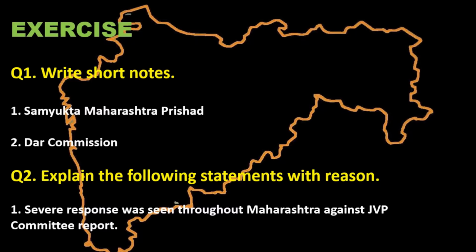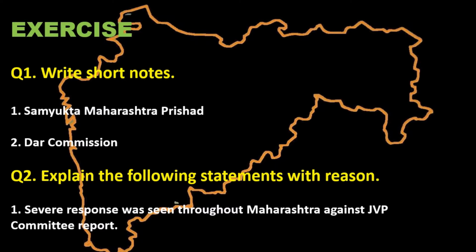Now the second short note is the Dar Commission. So here the answer includes these points. First, the President of the Constituent Assembly, Dr. Rajendra Prasad, established the Dar Commission on 17th June 1947.